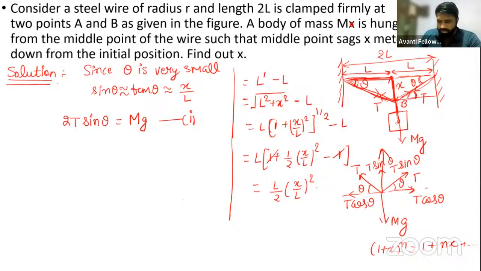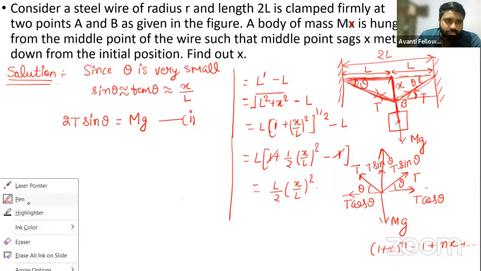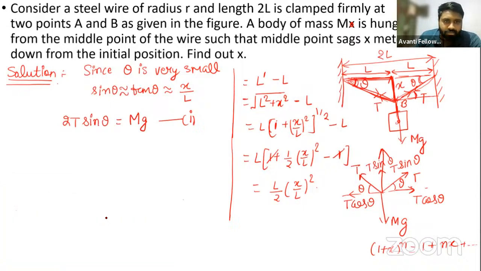Okay, so sorry for the disturbance. Now, the elongation we have calculated. Now I want to calculate this tension. Yesterday I told you a formula that delta L is equal to FL over Y. Here, the load that we have applied is appearing as the tension in the string.